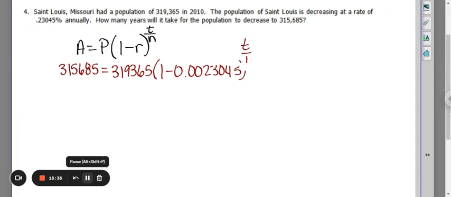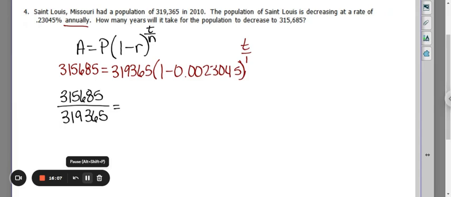T over 1. Again, the fact that it's an annual rate tells us that that n is 1. We'll do the same thing we did before. Do the division to isolate that base. Over 319,365.